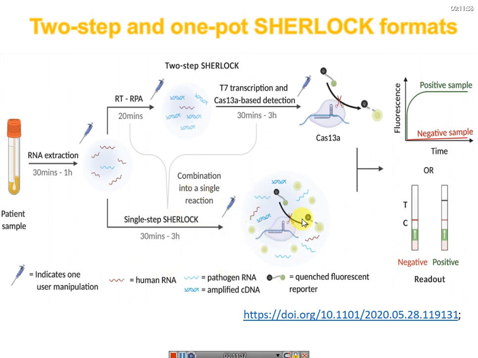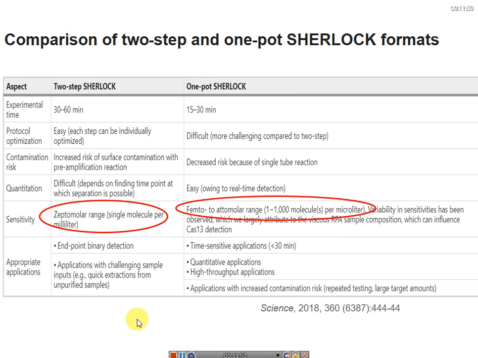Okay, and then if the target molecule is cleaved, that can be detected by the simple lateral flow assay. As I told you, two-step Sherlock and one-part Sherlock vary in their sensitivity.